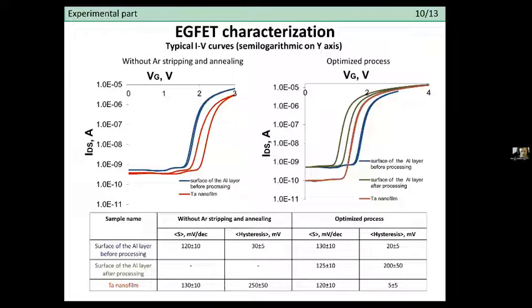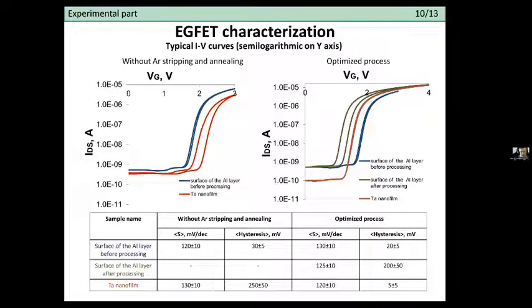So here we have current voltage characteristics of the obtained device with the semi-logarithmic scale on the y-axis, and on the left we have the process without surface treatment and annealing step.